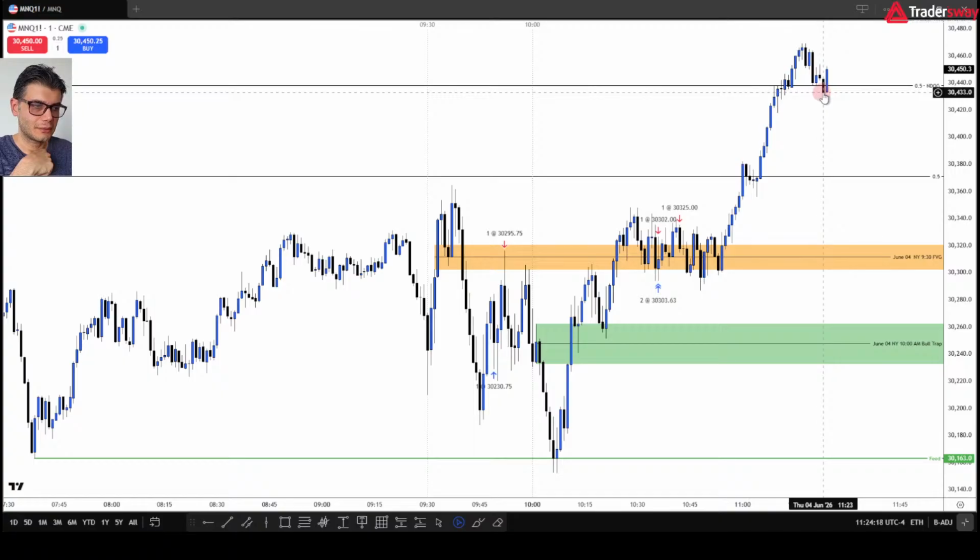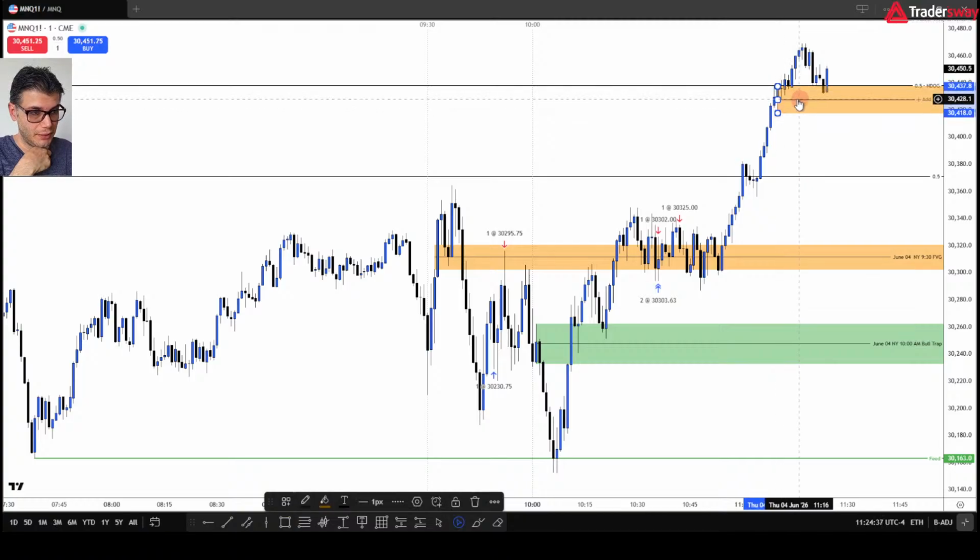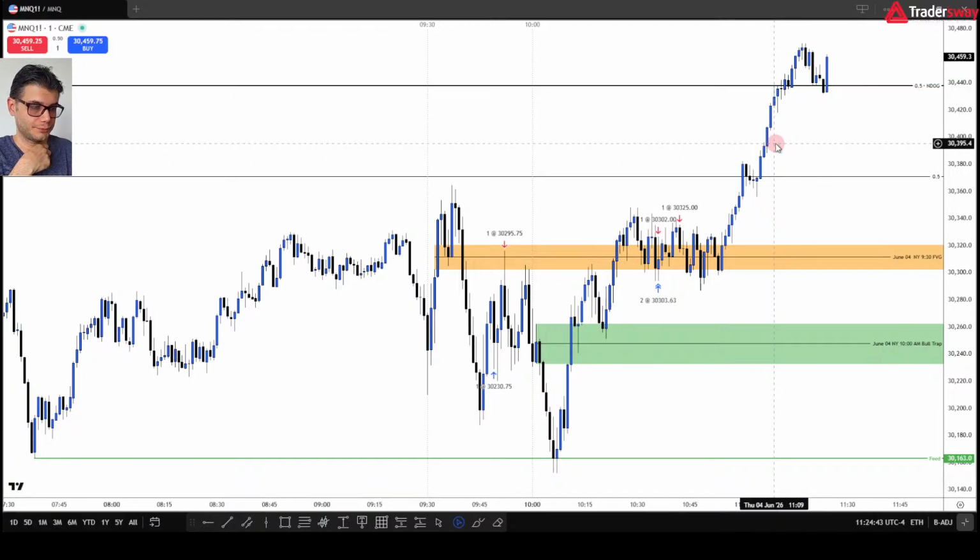As soon as the price neared the value area high of the day, it jumped higher. I wanted to go long inside this candle, somewhere here or maybe here. It didn't even get there. So still bullish.